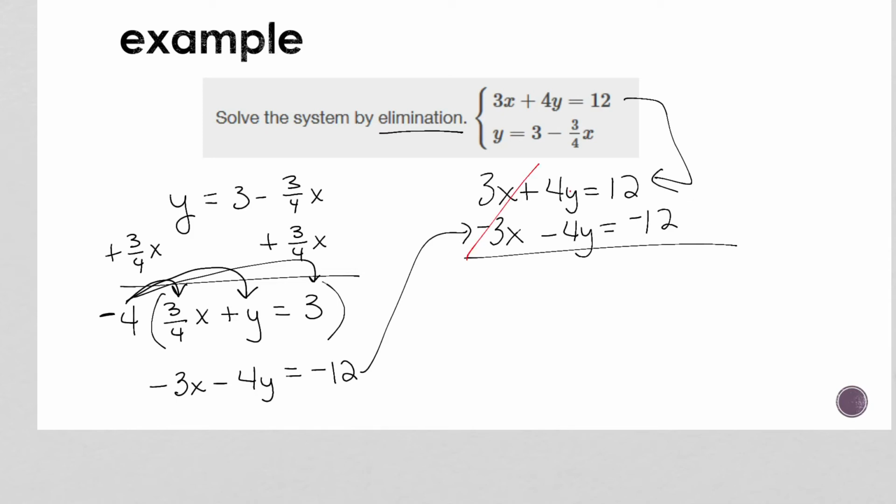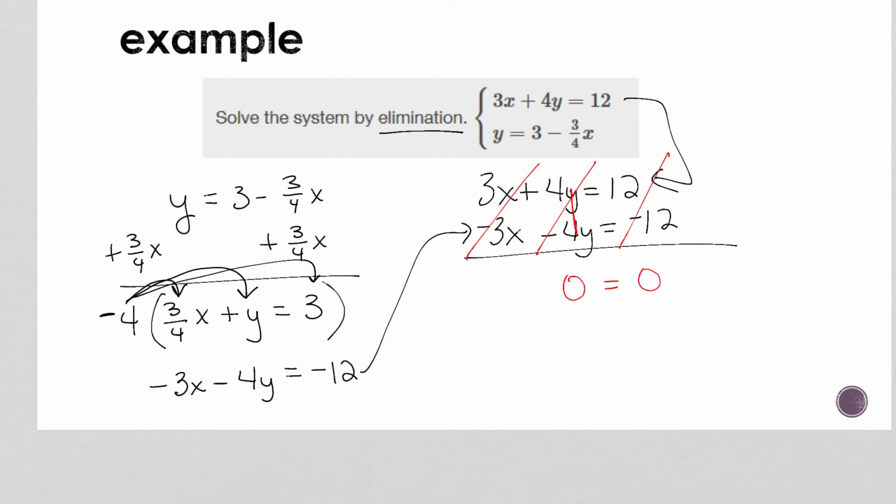Okay, let's look at this one. Sorry, I didn't mean to put that mark there. Okay, 4y and negative 4y, those create 0 also, so they go away. Check this out. 12 and negative 12, those create 0, and that goes away. So I am left with 0 equals 0.